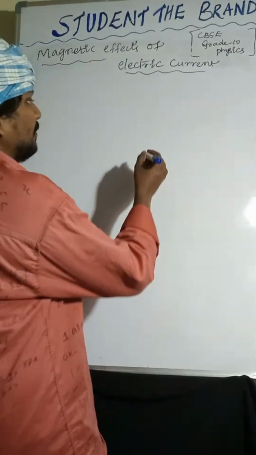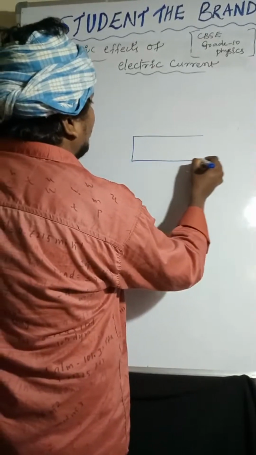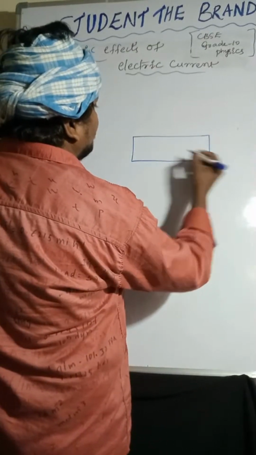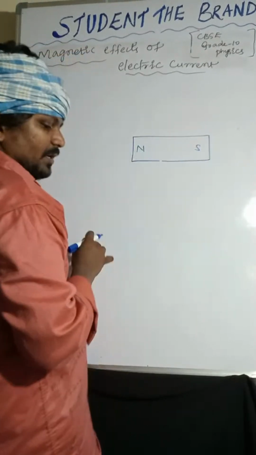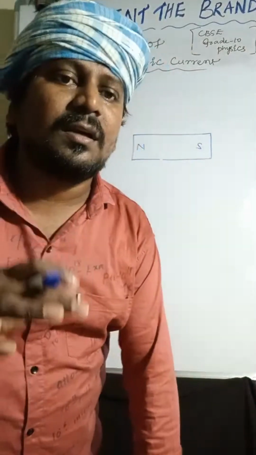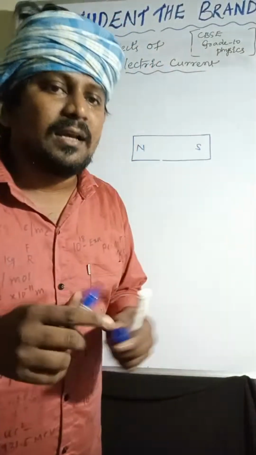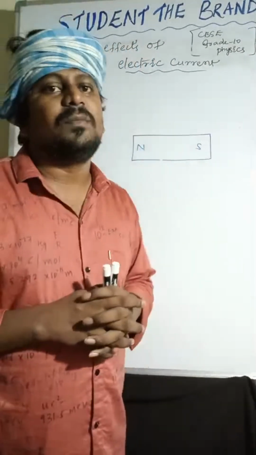I'm considering here this is the bar magnet, with north pole and south pole. As I said, around the magnet, magnetic field will be there.